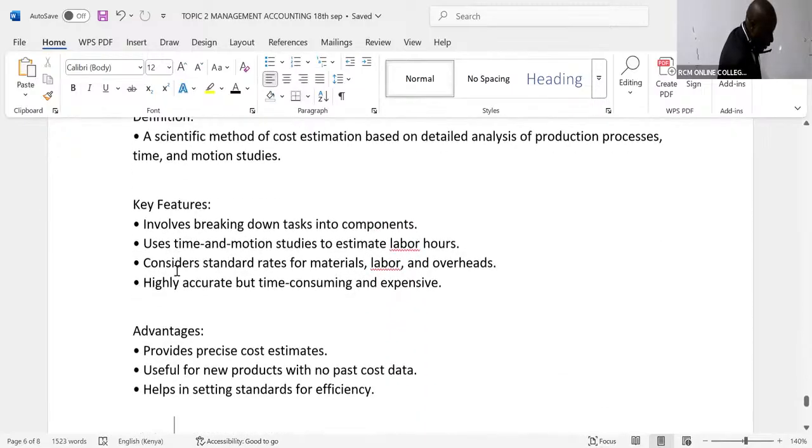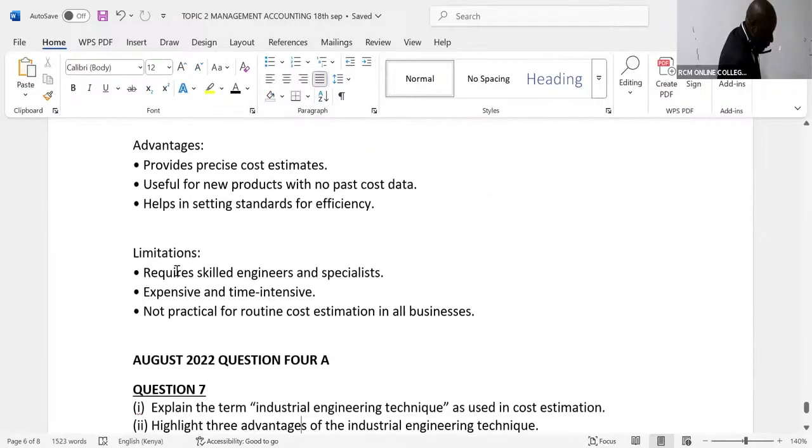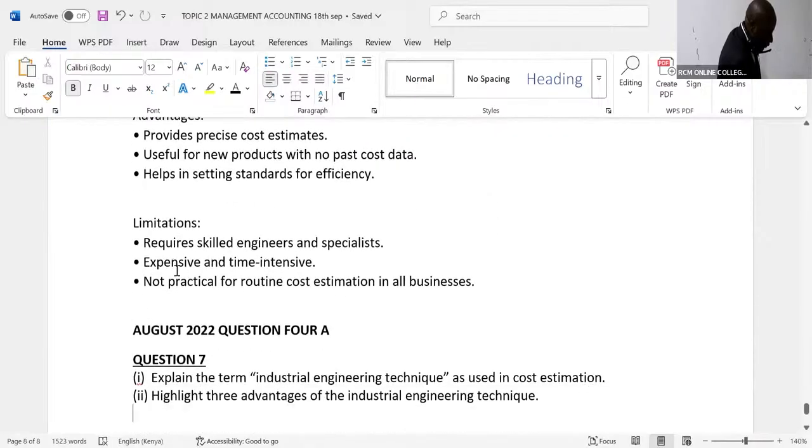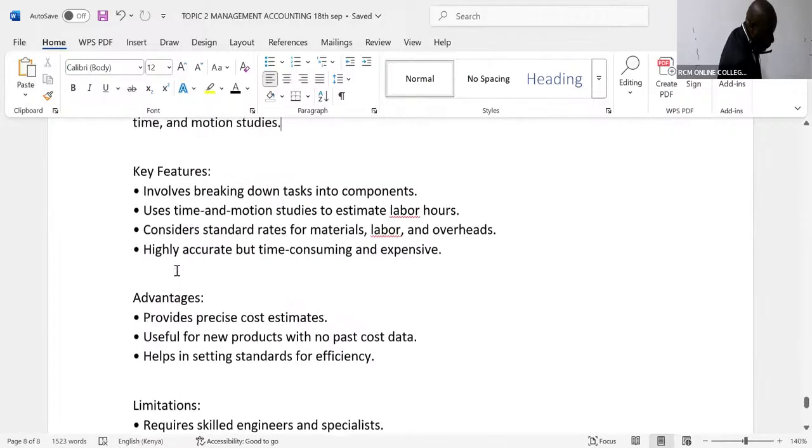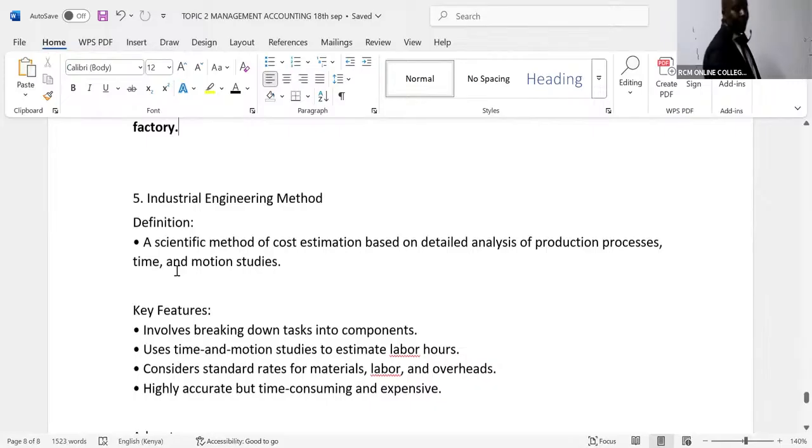I can't even see the page number, but it's there. The last page. It's called industrial engineering method, on the very last page. And I will be able to read very, very fast.